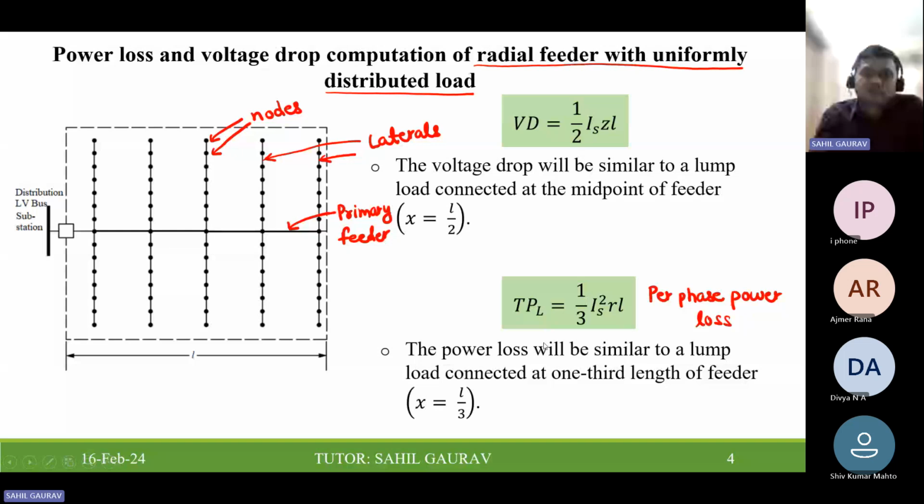In the previous one, we had uniformly distributed load, and now similarly we can find the voltage drop and total power loss for uniformly distributed load with triangular service area.